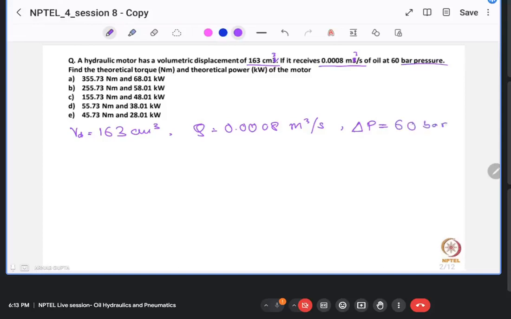So your first work would be to convert this into SI units. I am not writing it here, but while doing the calculation, I will wait.